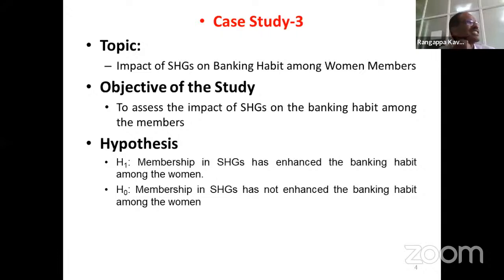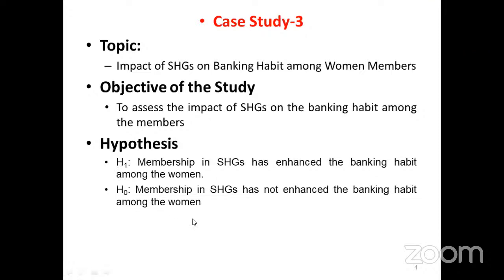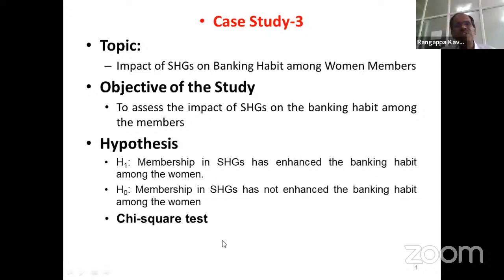Here, in this context, the chi-square test is relevant. You can classify the respondents as members and non-members of the self-help groups on the one side, and on the other side, the people who have the banking habit and the people who don't. You can prepare a contingency table here.